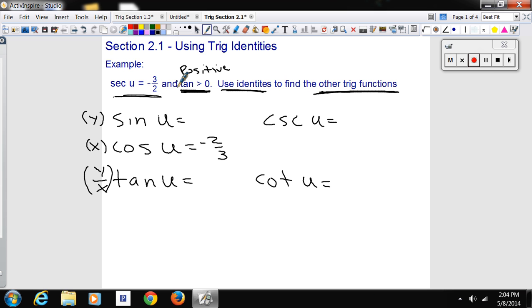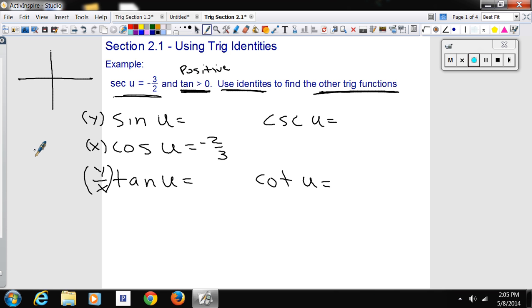So how can I take a y divided by an x and get a positive number? Either they both have to be positives, or they both have to be negatives, and you would still get a positive tangent. So if you think about that, and you draw a little x and y axis, what 2 quadrants does it have to be where the x and the y are either both positives or they're both negatives?